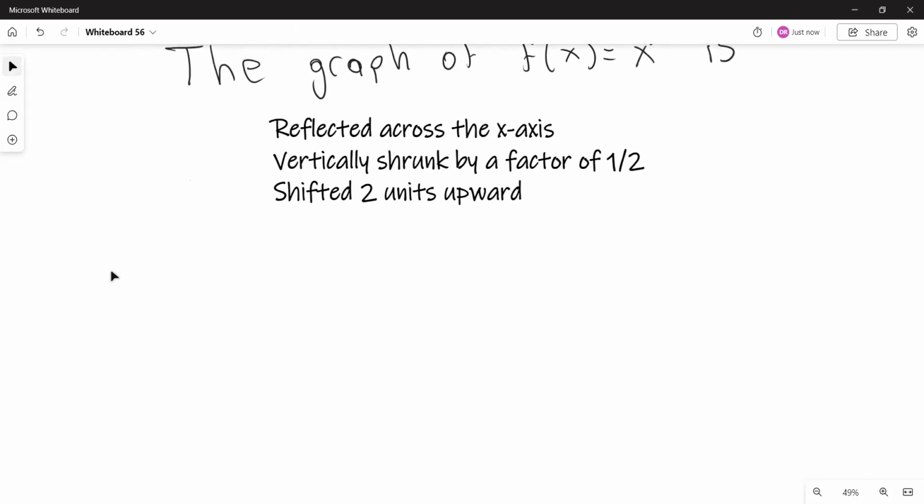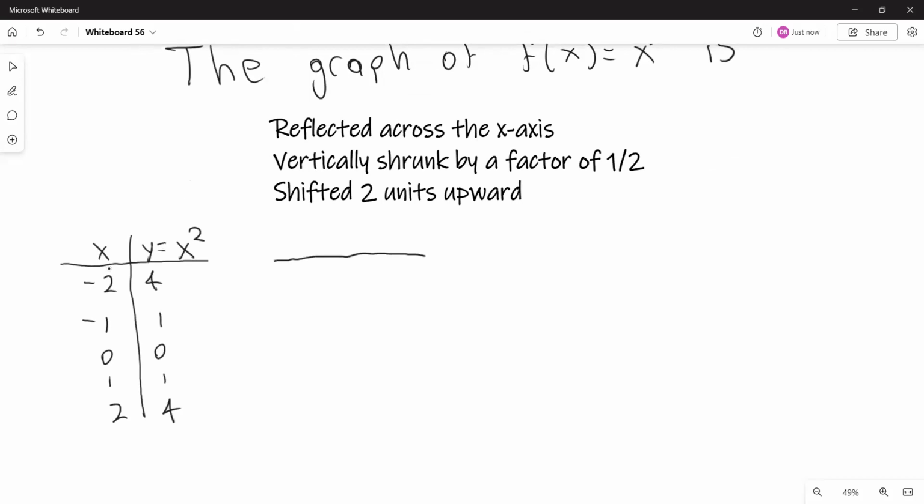Okay, so let's make the two tables. Okay, one we have, we already know. And the other one, our new function. This is the opposite of 1/2 x squared plus 2.